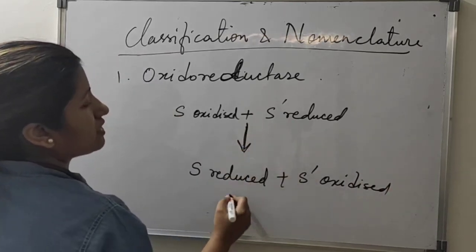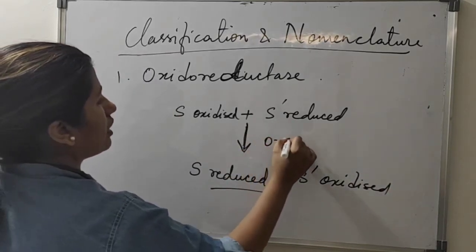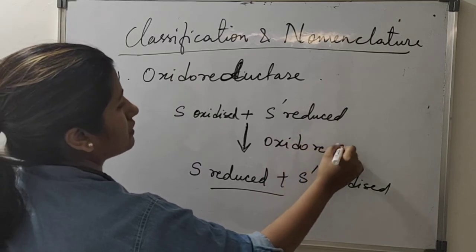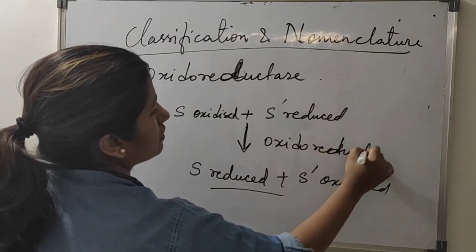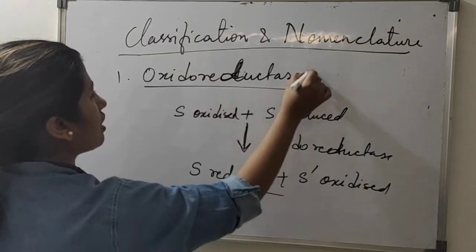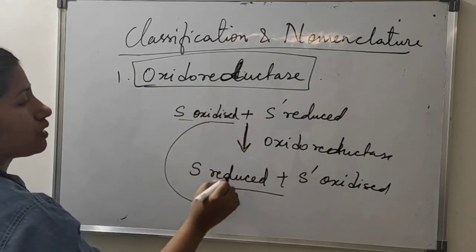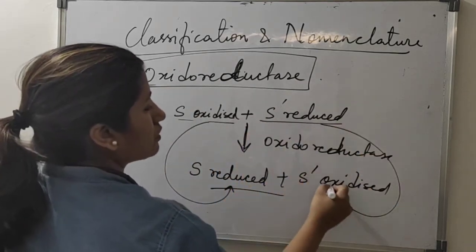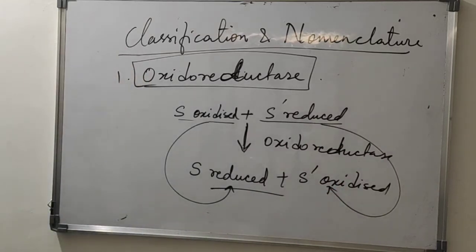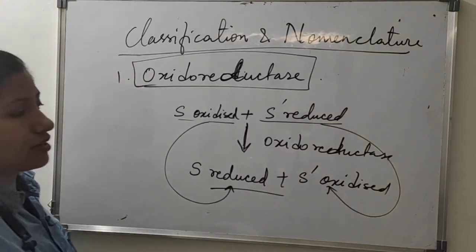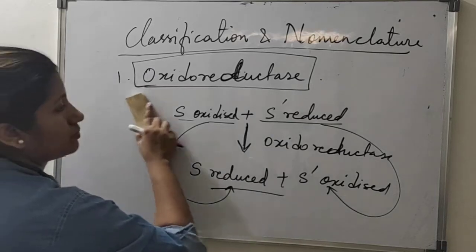So how can this reaction take place? By the help of the enzyme oxidoreductase. So what does the oxidoreductase enzyme do? It converts the oxidized compound into a reduced compound and the reduced compound into an oxidized compound. It does oxidation and reduction.